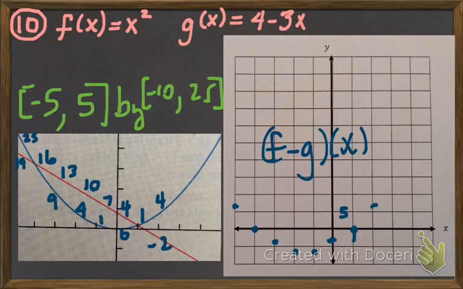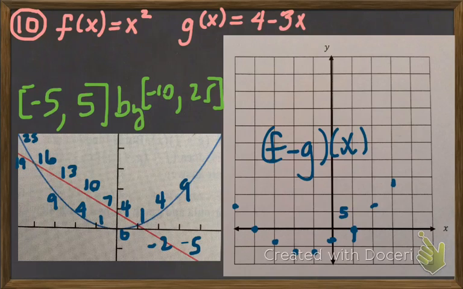And then at 3, we get 9 for the parabola, and then 4 minus 9, which would be -5 for the line. So 9 minus -5 would be 14. So that would be about here.